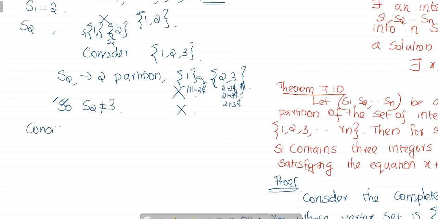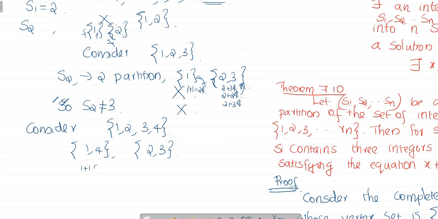Next consider the set 1, 2, 3, 4. We can partition it into the sets 1, 4 and 2, 3. Right?